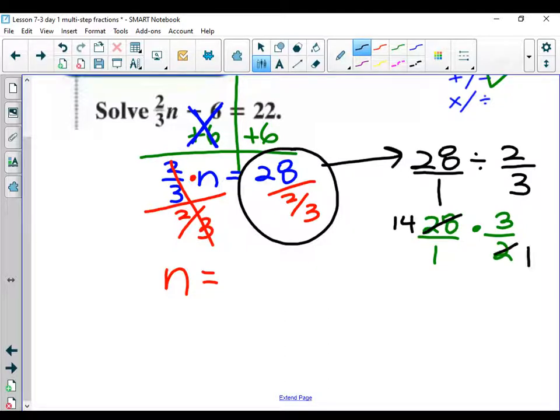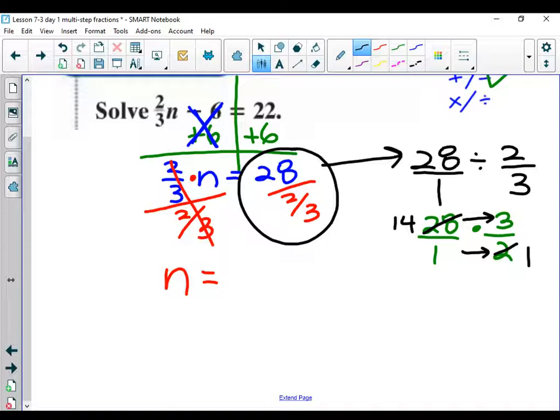The people who simplify first might simplify the 2 and the 28, and then multiply straight across. Or you might multiply straight across first, and then divide. That thought box is filling up, isn't it?